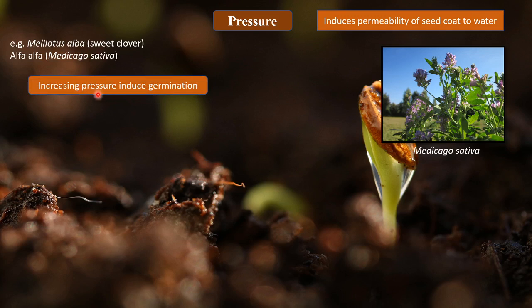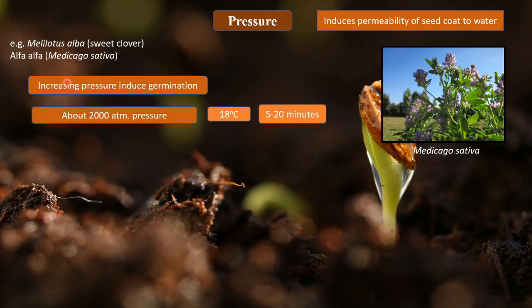So if we increase the pressure, the germination process will get induced, right? So dormancy will be broken by increase in pressure. Usually it has been noticed that applying a pressure of 2000 atmospheric pressure at 18 degrees Celsius temperature for 5 to 20 minutes can induce the process of germination.